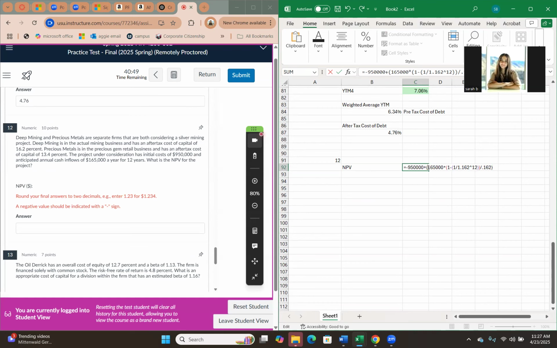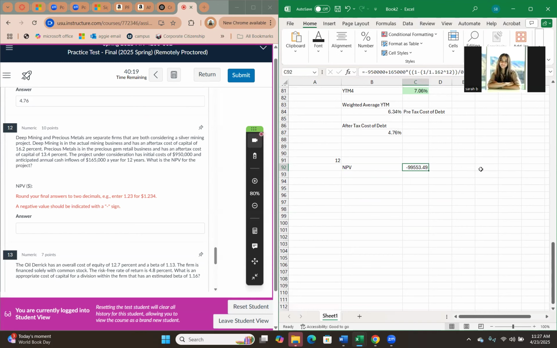Let me make sure I got my parentheses right. All this formula is the present value formula. Should have 2 right there. 1 minus 1 over. Okay, sweet.